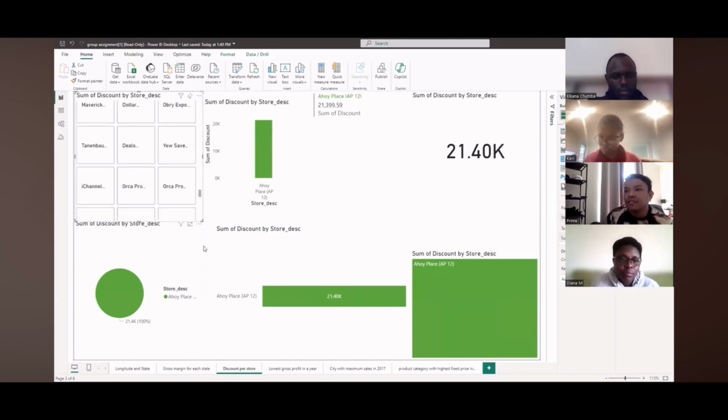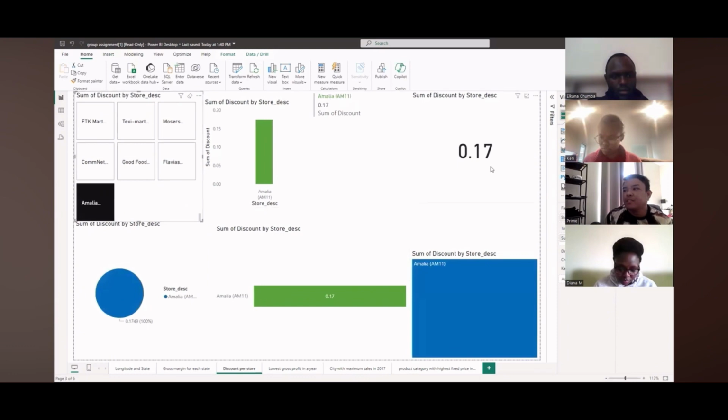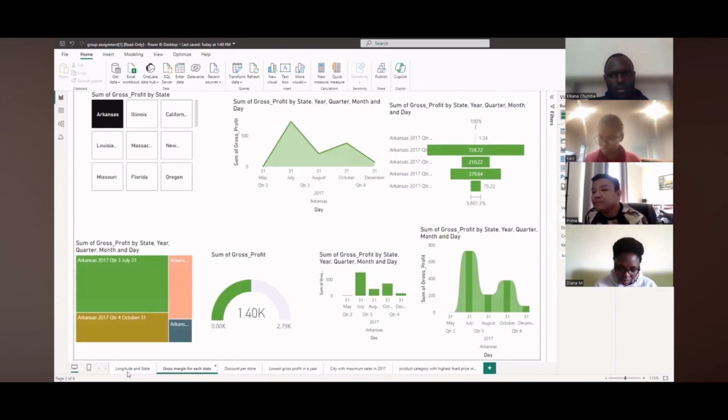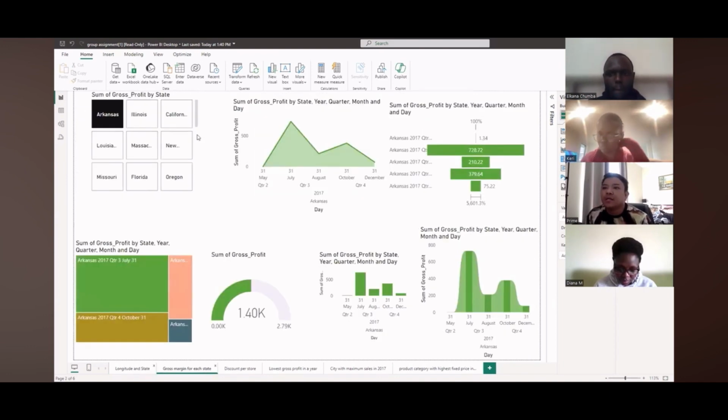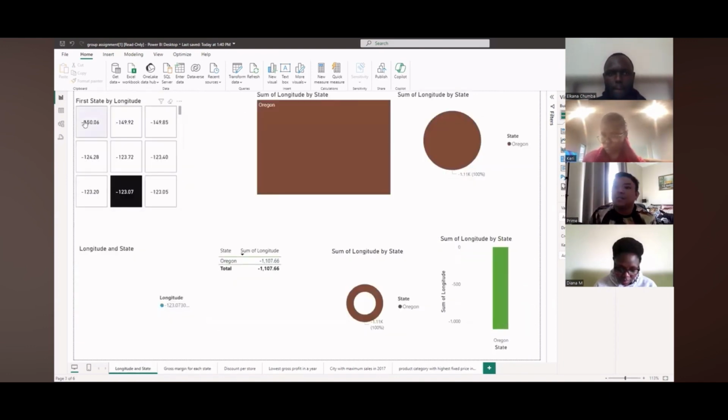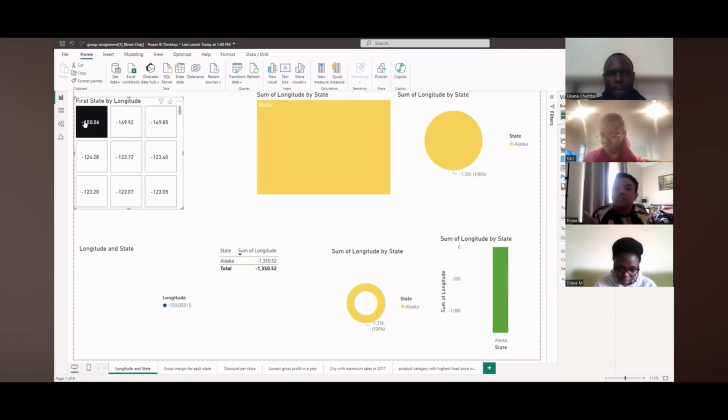While for the least, as we drag the slicer all the way down, you can see Amalia, which only gives 0.17.